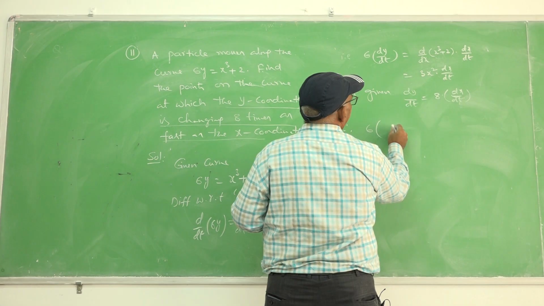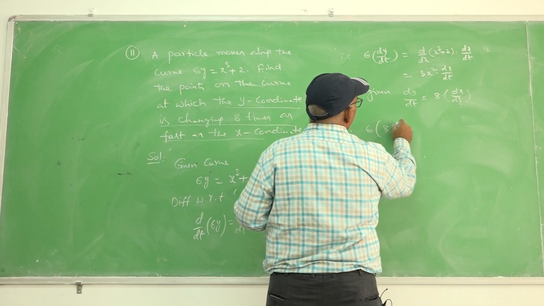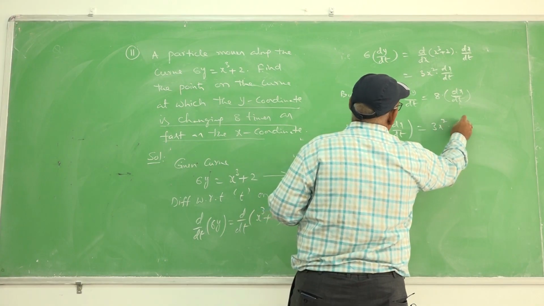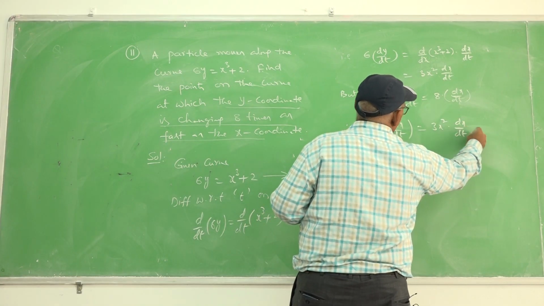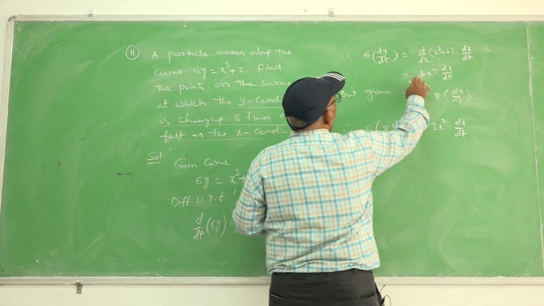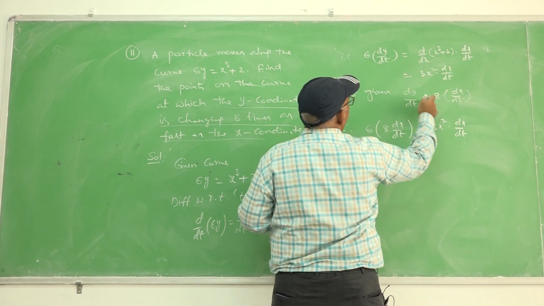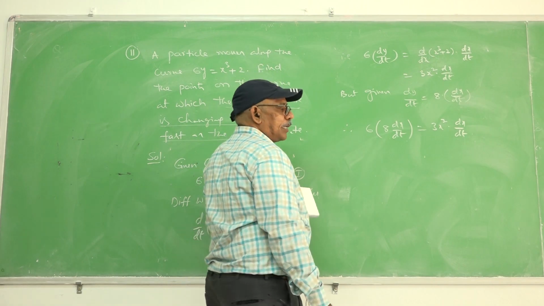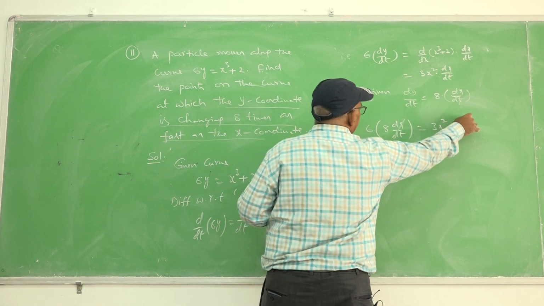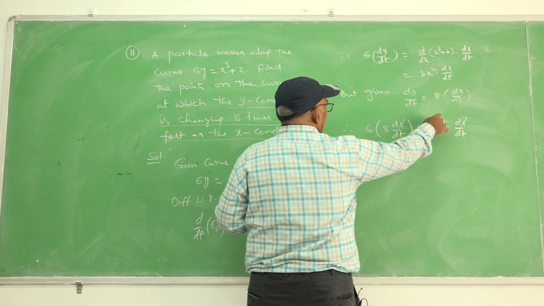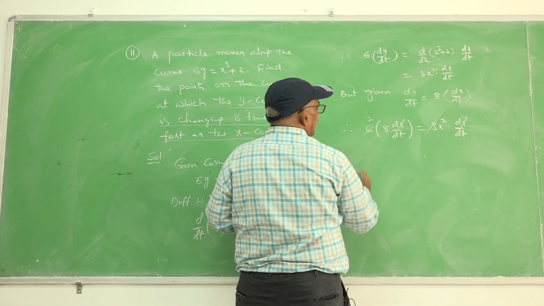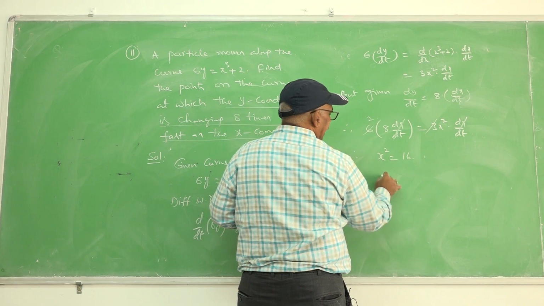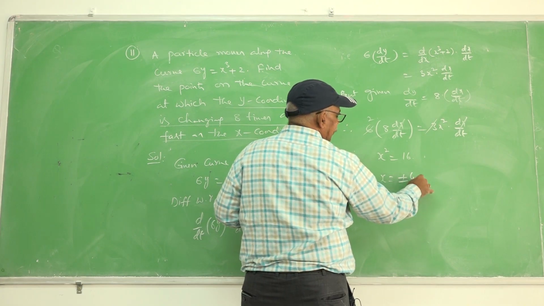Therefore, 6 into 8 dx by dt equal to 3x square into dx by dt. I just replace dy by dt with 8 dx by dt. From this, you can cancel dx by dt. 48 divided by 3 is 16, so x square takes the value 16. So x takes the value plus or minus 4.